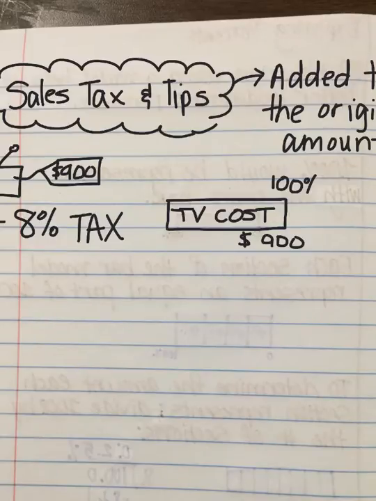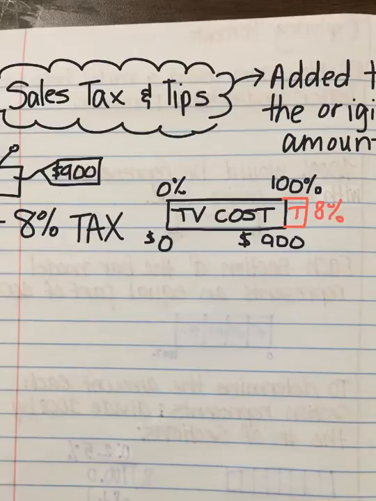Okay, and this is 0%. This would be $0. Okay, since tax and tip is added on, it's going to be an amount that is added to the total. I want you to see this. This is the tax. Okay, and how much was our tax? 8%.